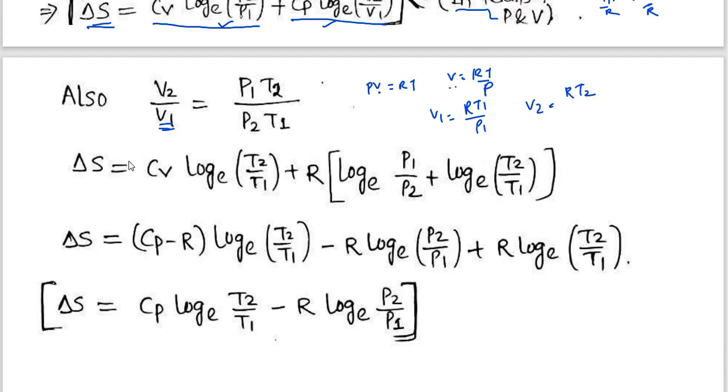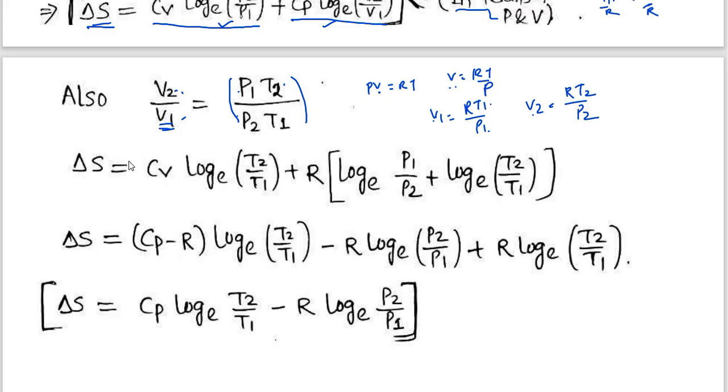V2 is RT2 by P2. Dividing V2 by V1 we get P1 by P2 into T2 by T1, because V is inversely proportional to P. That's why for V it is 2 by 1 and for pressure it is 1 by 2, but V is directly proportional to temperature, so V2 by V1 has T2 by T1, and R is a constant, so that is cancelled out.